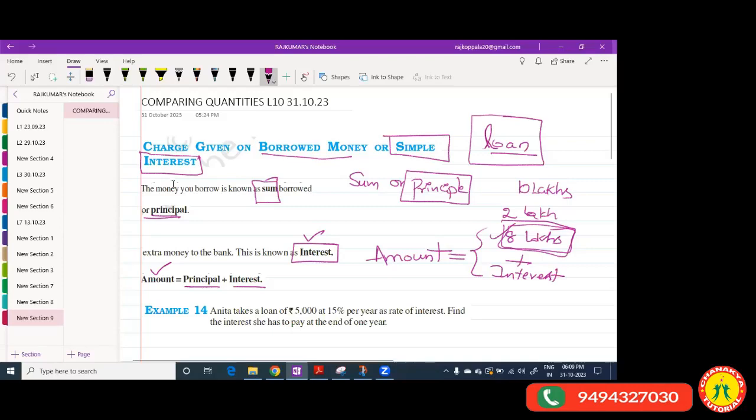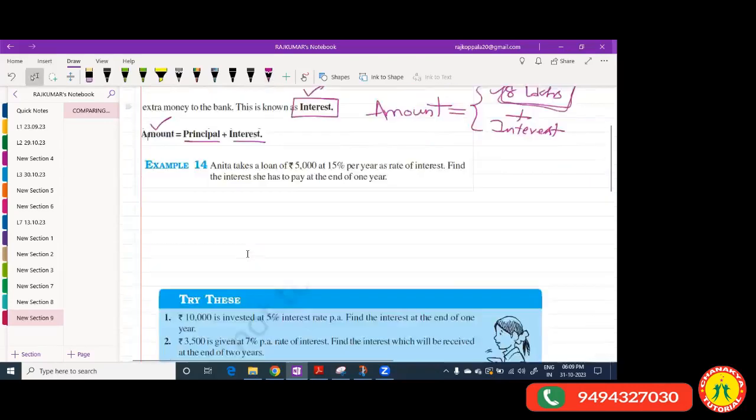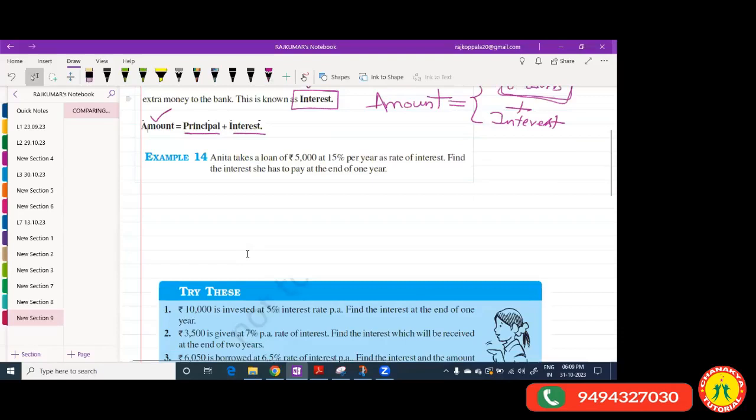So amount is equal to principal plus interest. Understand now what the principal and the amount are. Amount will be denoted by capital A, principal by P, and interest by I.